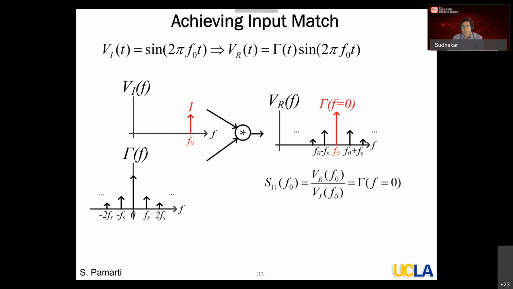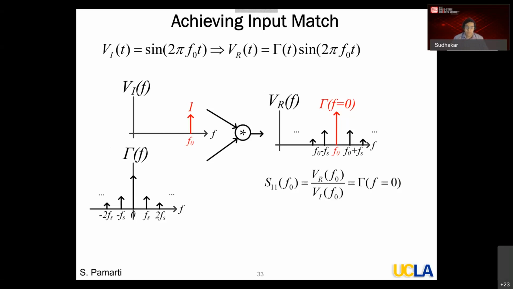And multiplication in the time domain is convolution in the frequency domain. So the reflected signal will basically have a spike at F0, the LO frequency, and others at F0 minus Fs, F0 plus Fs, F0 minus 2Fs, F0 plus 2Fs, and so on and so forth. So really, in band, the reflection coefficient is effectively the value of gamma(f) at DC.